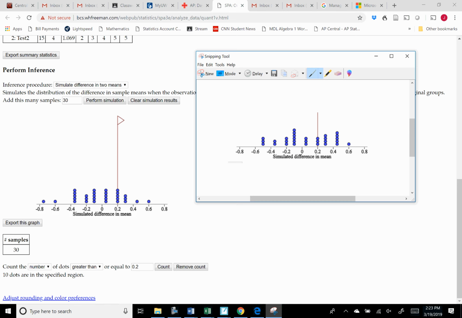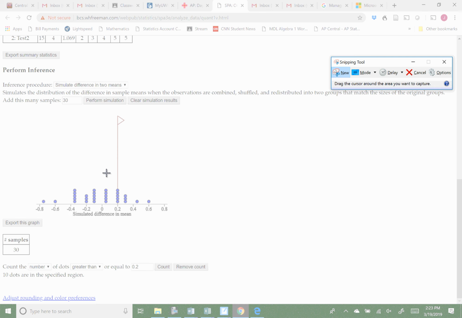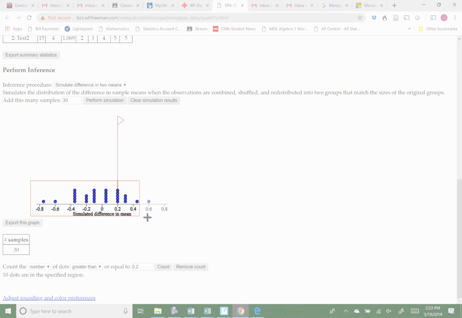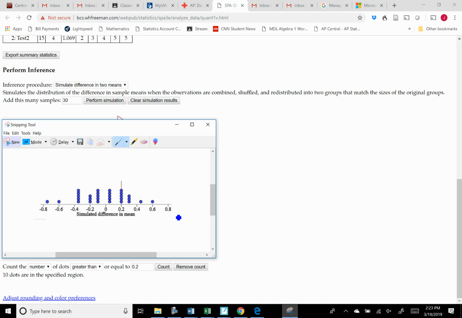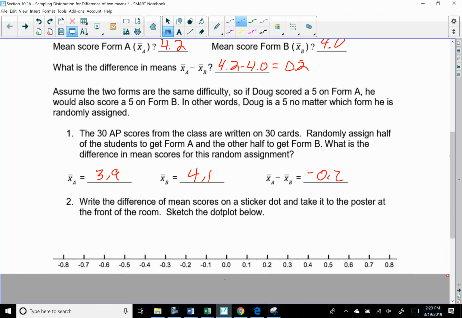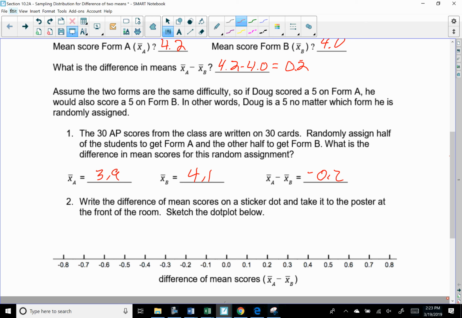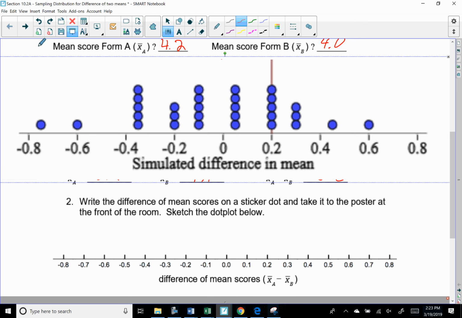And what I'm going to do here, just for our notes purposes, to make this quick, is say edit, copy, and let's see, edit, paste.